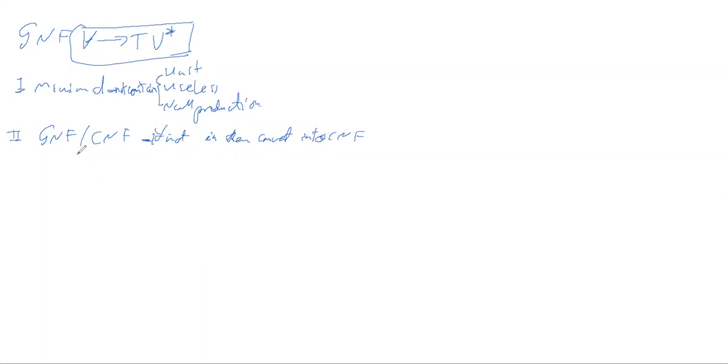So the second step is to identify all the production rules and check whether each is in GNF or CNF. If it is not in GNF, convert all those productions into CNF.